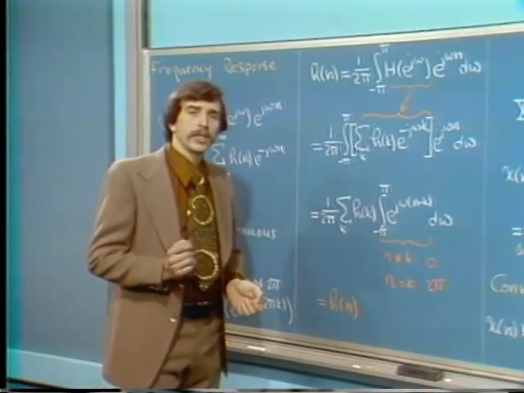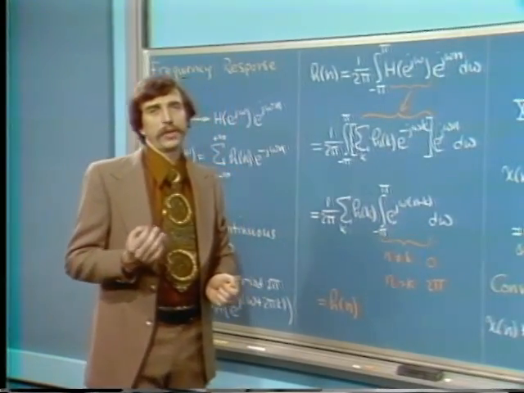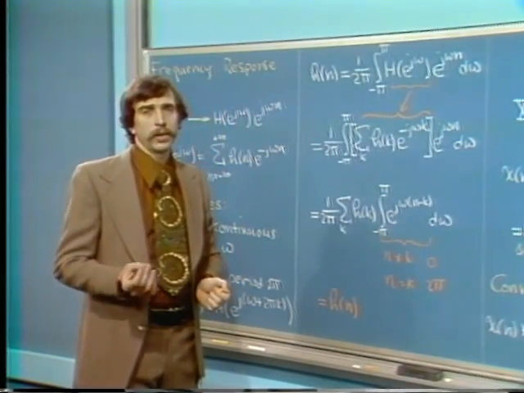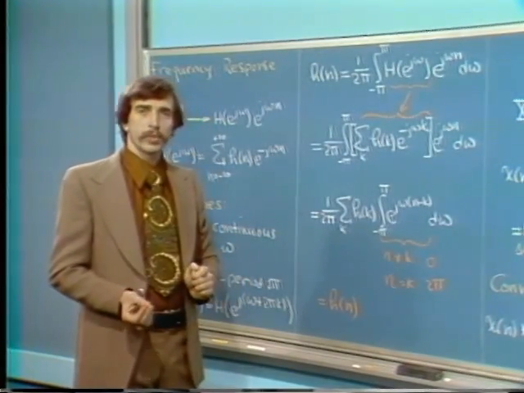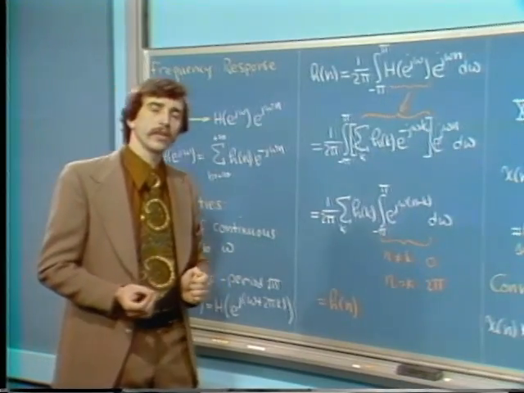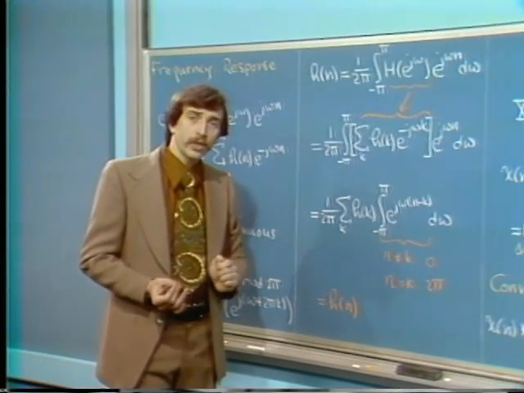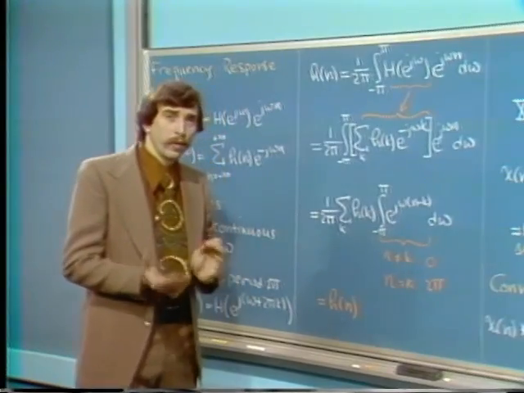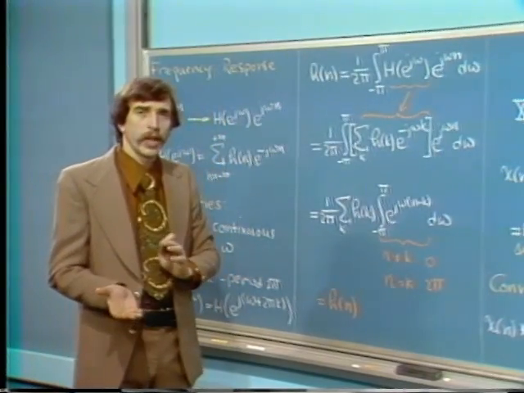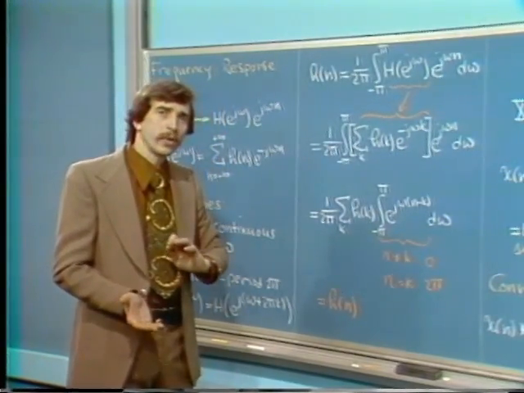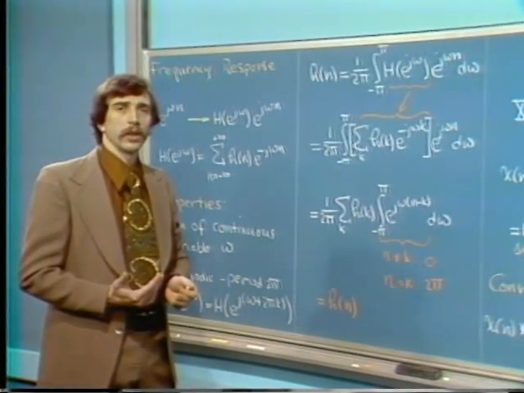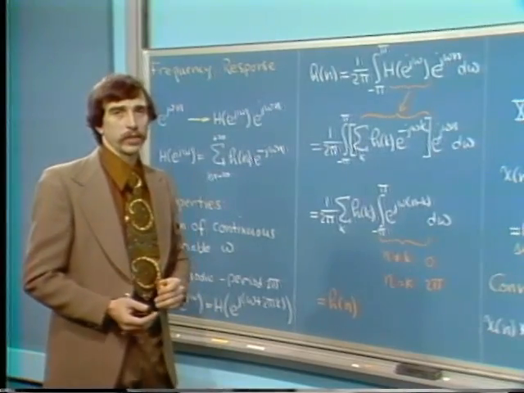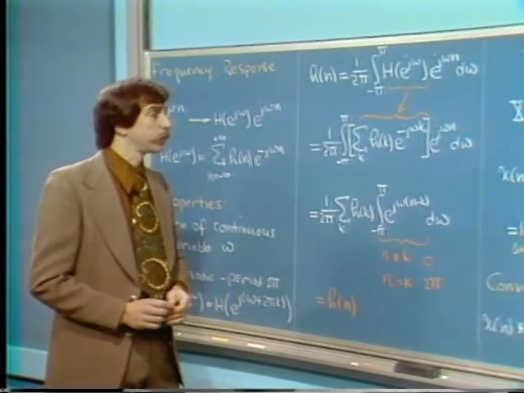Now, this in essence is a Fourier domain representation for the unit sample response of a system. And in fact, we can think of this as a Fourier transform or a time domain, Fourier domain transform pair relating the unit sample response of a system and the frequency response of the system. And we can go back and forth.